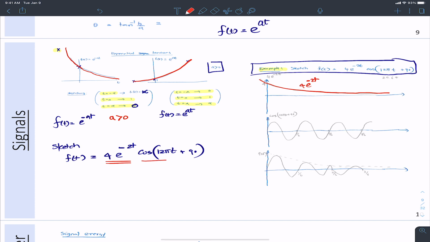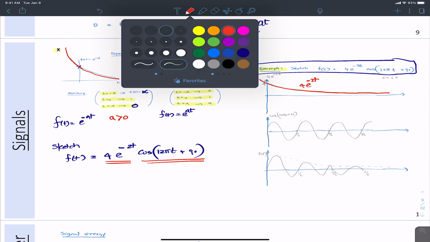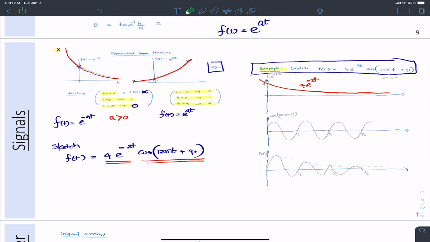And now we need to plot cos(12 pi t plus 90). If we write 12 pi t in 2 pi f t format, that will be 2 pi times 6 t.